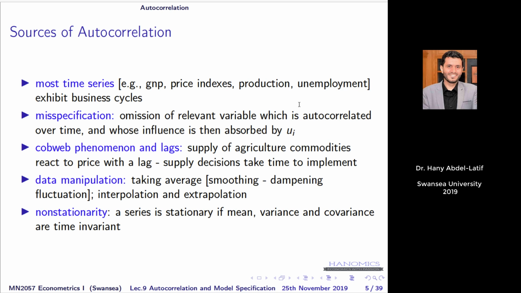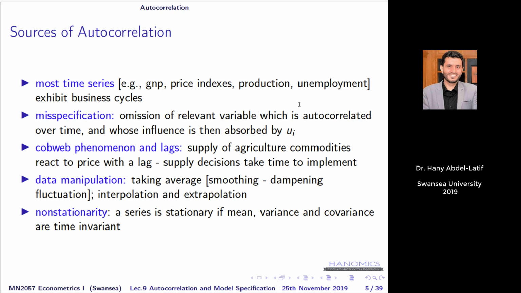Okay, that's something embedded into the nature of the way the economy functions anyway. So we do see this all the time. As I said, if you have a time with low growth rate, then the next time is likely to be very similar. Okay, so this is because of the features of the business cycle.